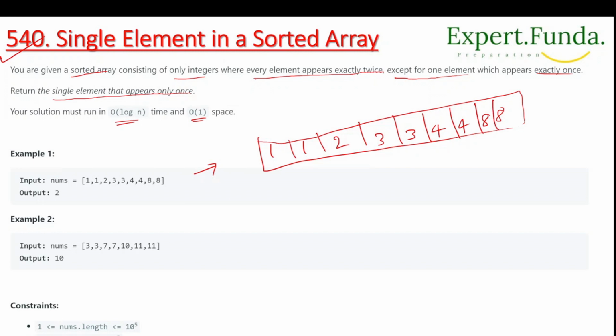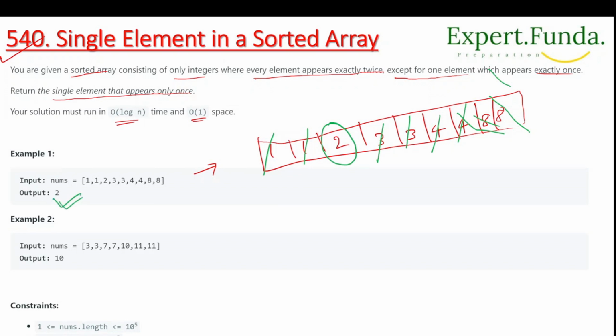Now it is very easy to find the element that is not duplicated. How? 1 is coming once, so 1 should be there one more time, and it is. Now 3 is already in the array 2 times. Now 4 is coming 2 times. Now we can see that 8 is there, and it is here also. Now only one element is left, that is 2, and that's why this is the output.